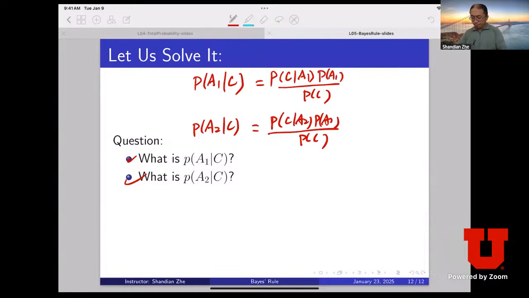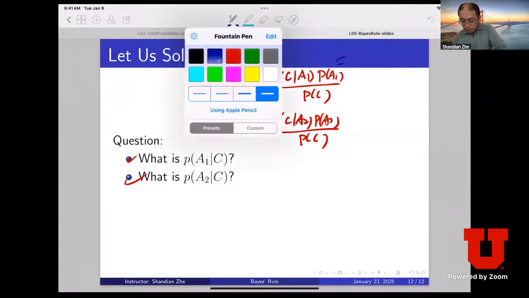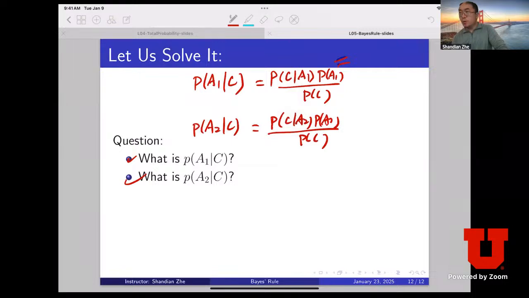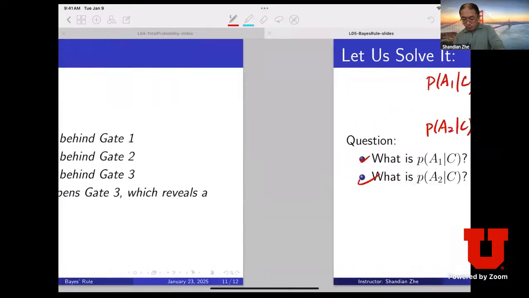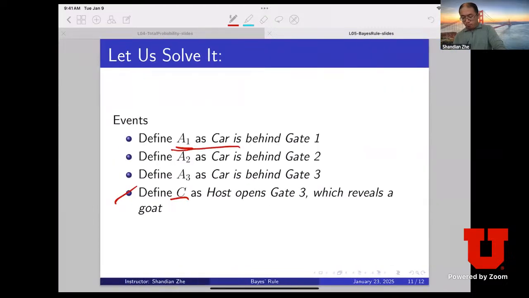Okay, so first, P of A1. A1 is the event that the car is behind gate 1. What is the probability of A1? It's 1/3, right?